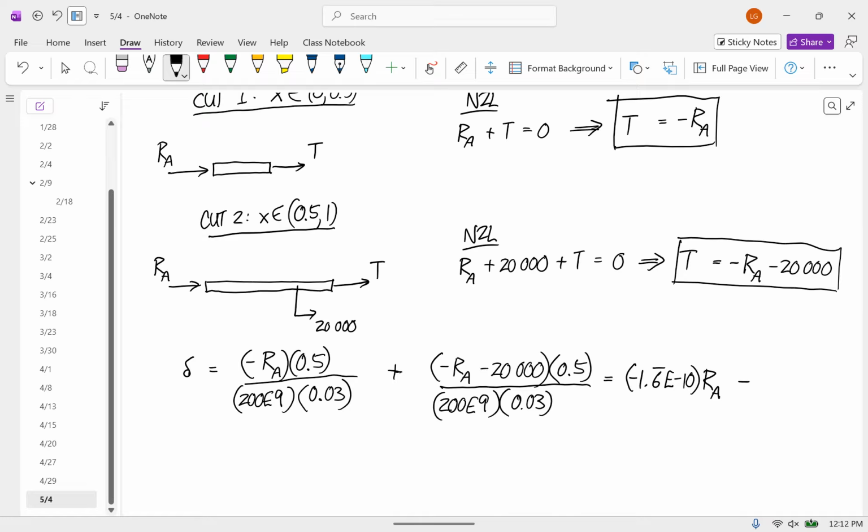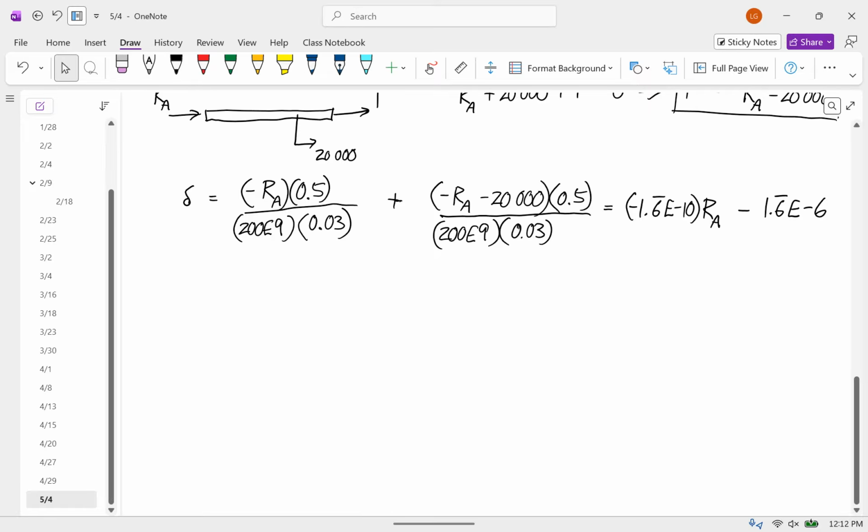In this case, we also have a change in length due to thermal stuff, and that's the reason it won't cancel out. Okay, minus 1.6 repeating times 10 to the minus 6. That's our simplified form of the elongation due to internal tension.